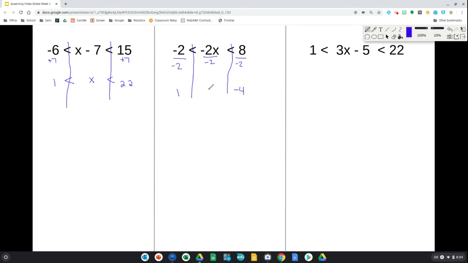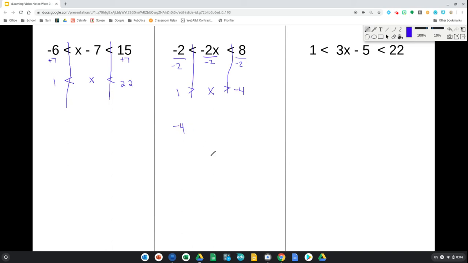And in the middle, we end up with just an x. Now we divided by a negative, which means we have to switch these signs around. So now instead of being less than, it's going to be greater than. And so our inequality looks like this. Okay, that answer is not wrong, but that's not normally the way we write it. Normally, the way we write it is so that the smallest number is on the left, just like on a number line. -4 is smaller than 1.